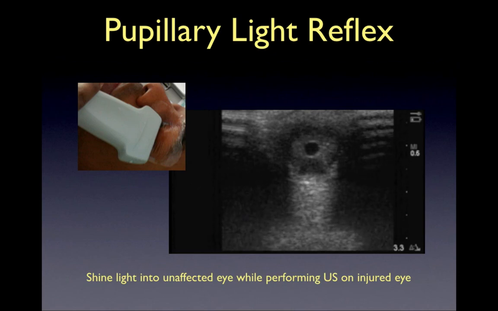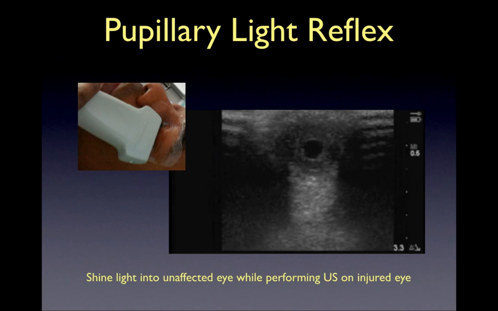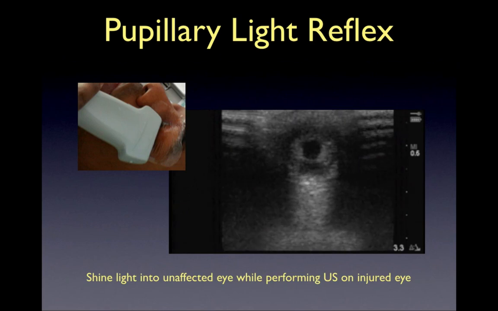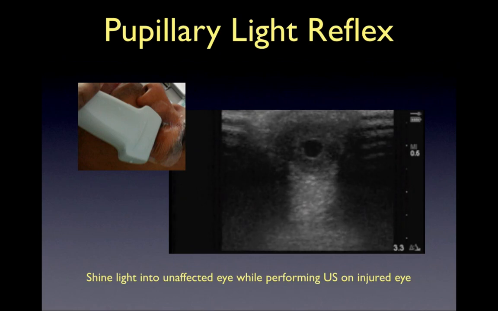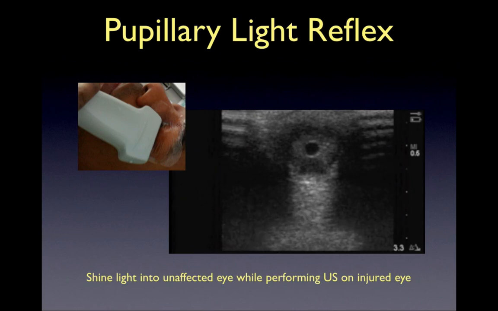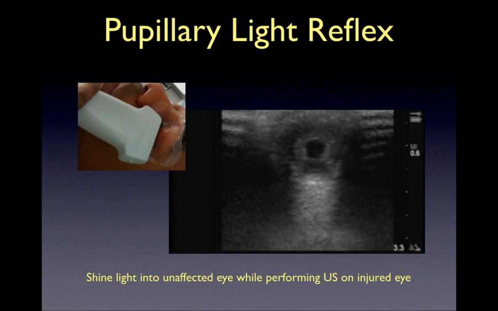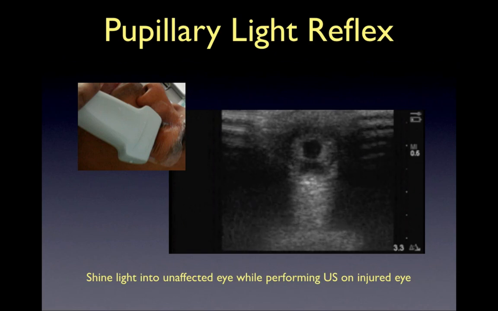So when light is shined into the unaffected eye, there you can see on the right-hand side the video on the screen. You can actually watch pupillary constriction. And this can give you some additional information as to which of the cranial nerves are working. In this case, in the affected eye, you would know that the third cranial nerve, the oculomotor nerve, is working.